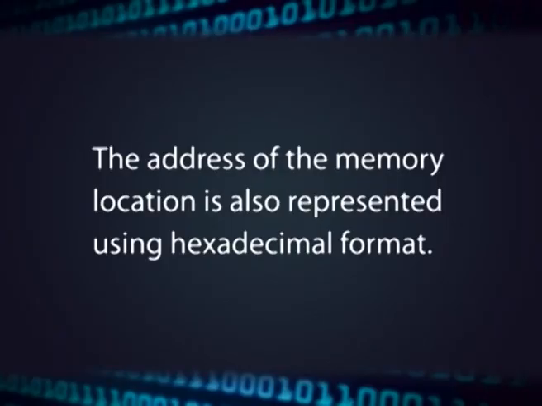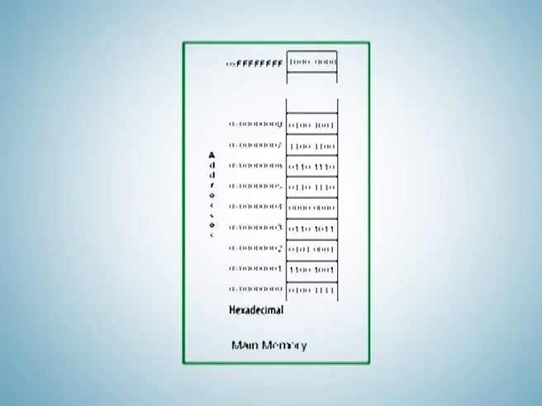The address of the memory location is also represented using hexadecimal format. The handling of hexadecimal numbers used for representing instruction, address and data makes programming difficult to develop, understand and maintain. The software so developed is prone to errors.